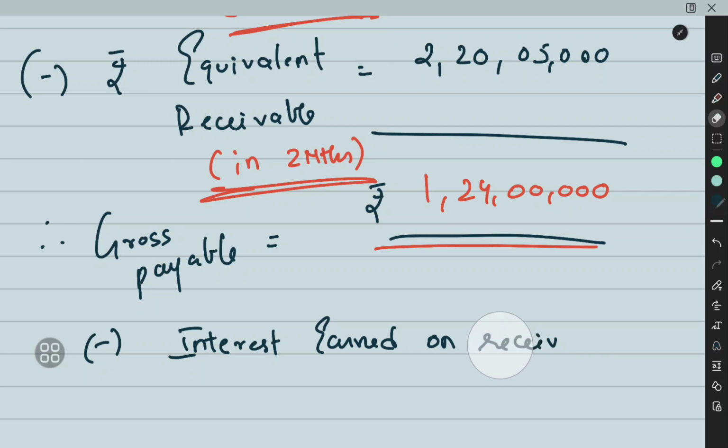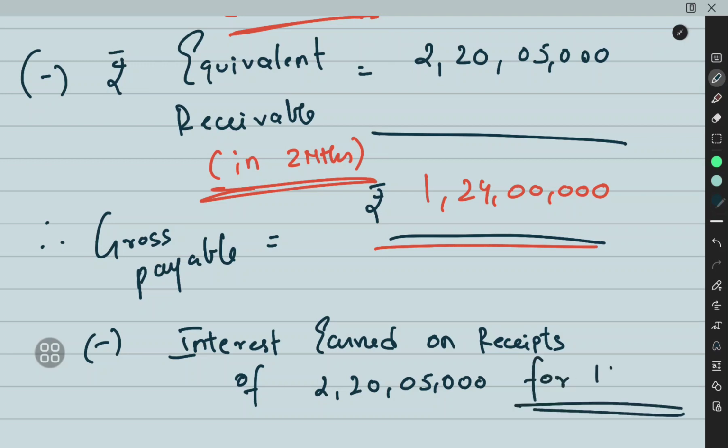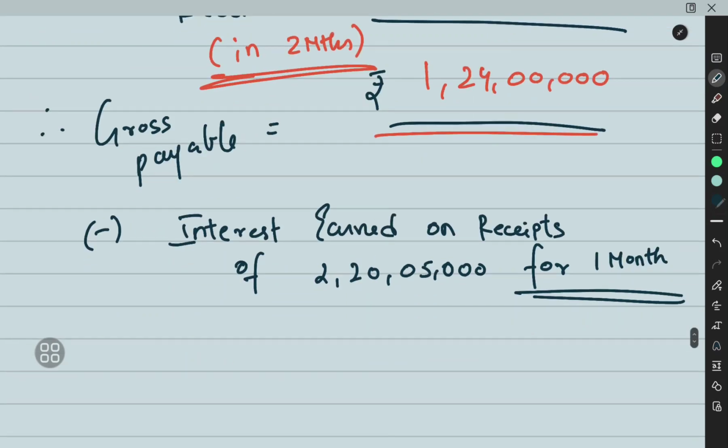If I've reached the 2 month point, then it is receipts. I've actually received 2 crore 20 lakh 5,000 for 1 month only, because I again have a payout at the 3 month point.